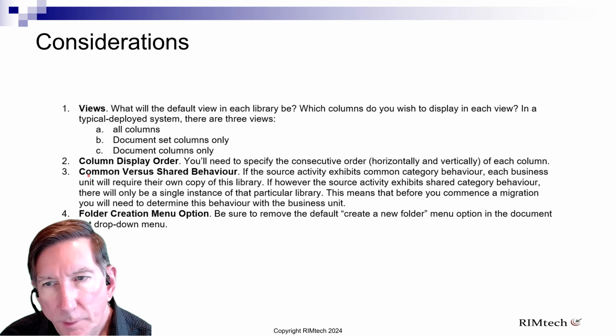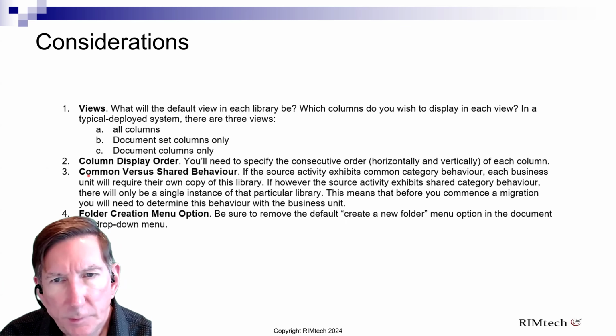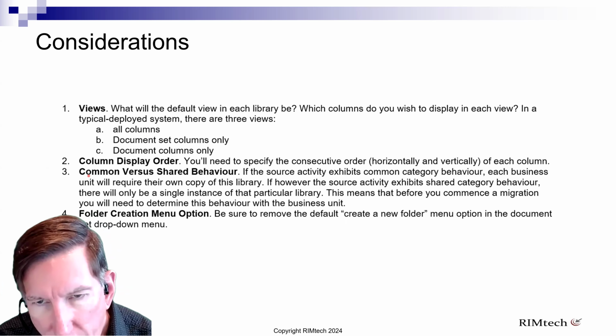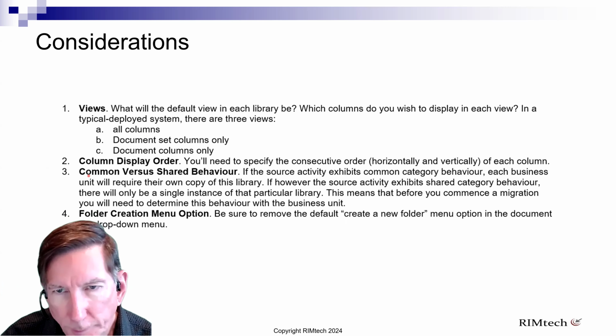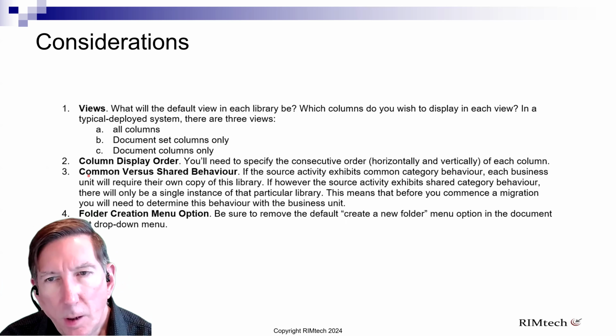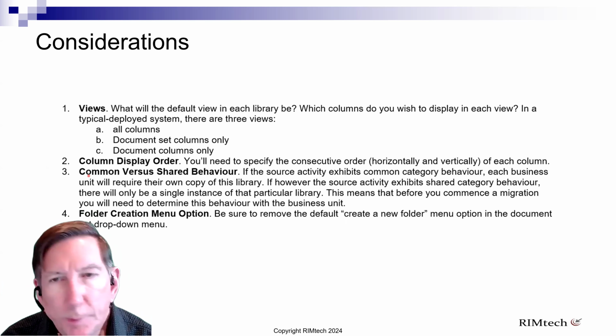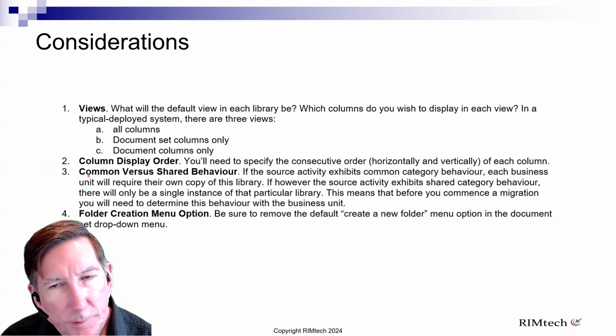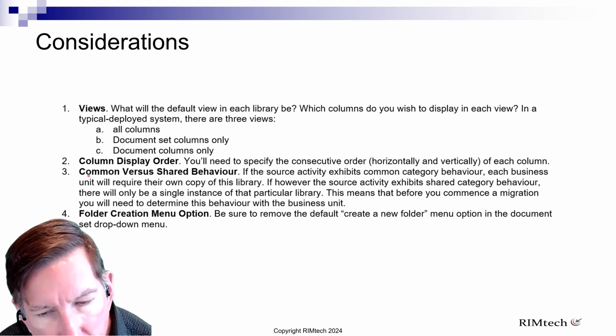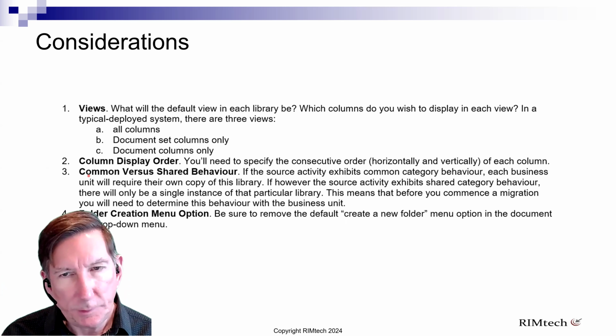And then you have common versus shared behavior. That's a bit advanced for today. I won't get into that very much. But a common library is a library that is duplicated for multiple business units because they don't want to expose their records to other business units.